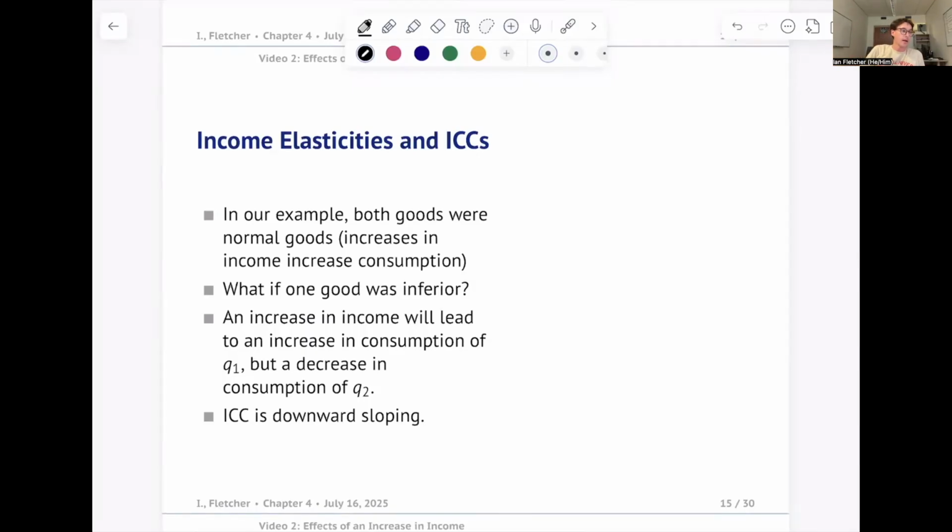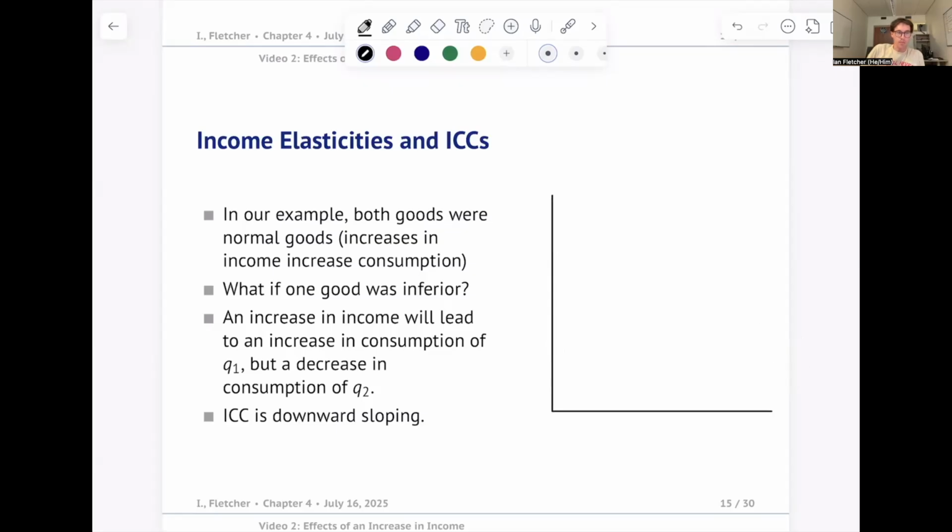So what if it was just a one increase here? So we are still going to have our budget line increase, right? Our budget line isn't going to change at all, right?